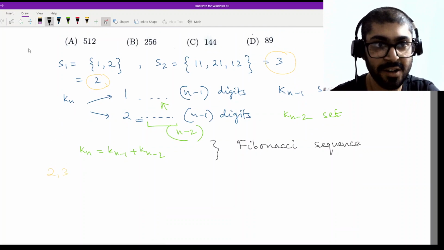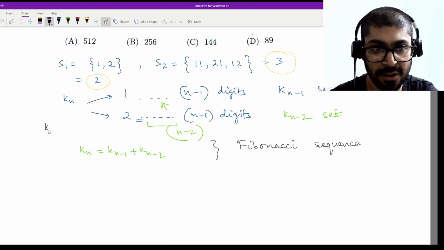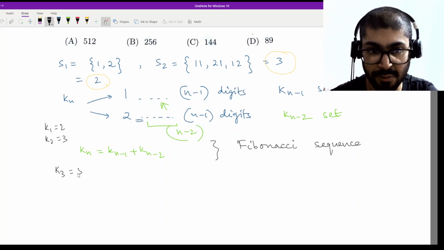So how would you construct the sequence? K1 was 2, K2 was 3, so I would construct K3 as 2 plus 3, which is 5. Similarly, K4 would be 8, K5 would be 13, adding the previous two each time.